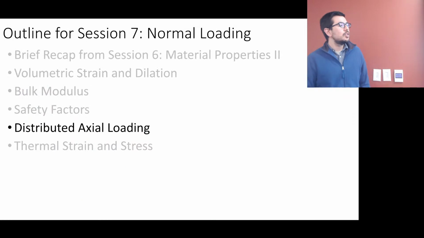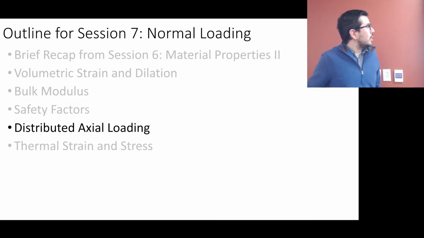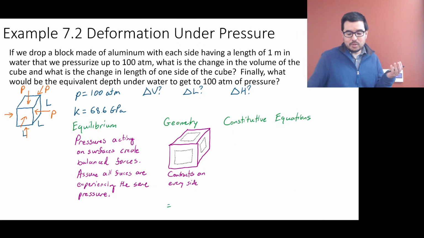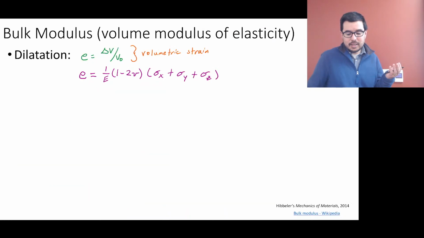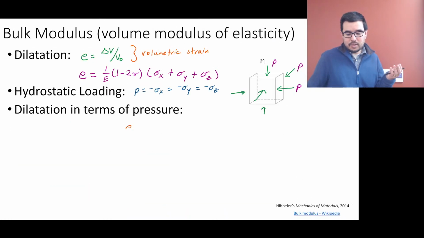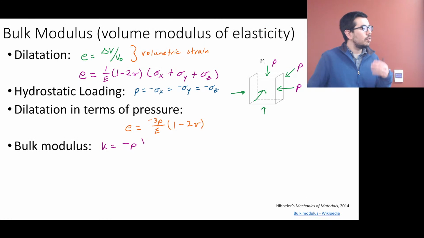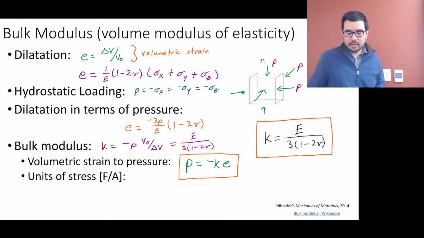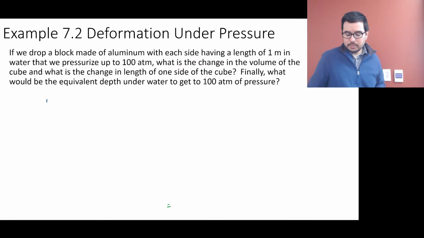Okay, so hopefully I won't forget the bulk modulus in the future, but it's this guy. It's E over 3 times 1 minus 2 nu. Oh, I don't know where it is. Oh, there it is. E over 3 times 1 minus 2 nu. Okay.